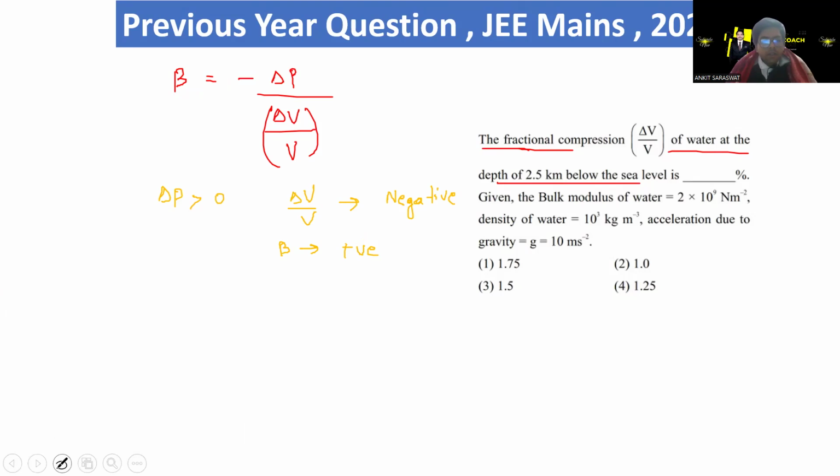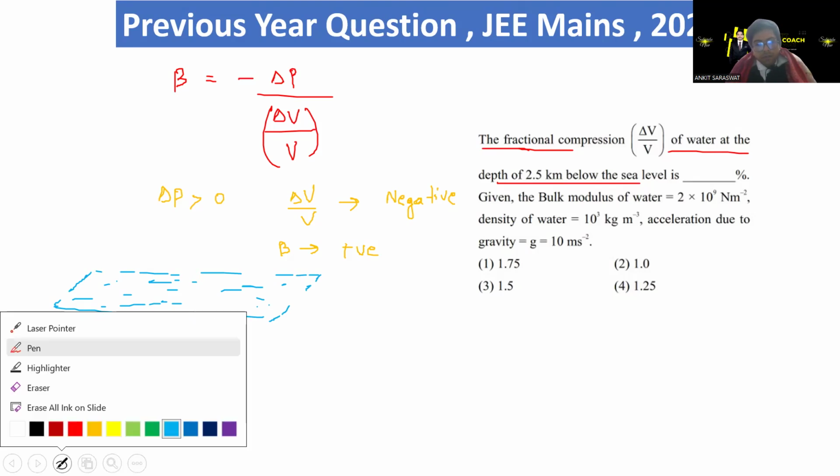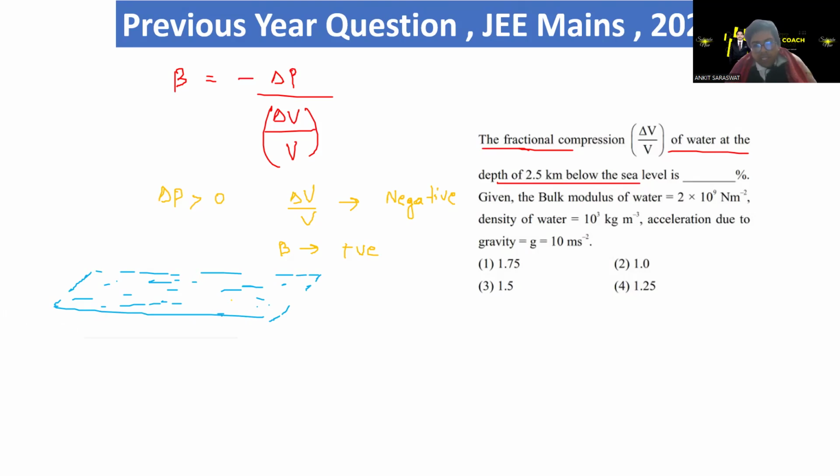Now in this question, what actually they are asking is the fractional compression, delta V by V. So what is happening at the surface of water, the surface of water is present here like this. Now here, because atmospheric pressure is there, the atmosphere is acting with some pressure, that is P naught.